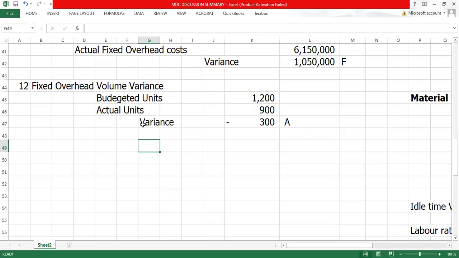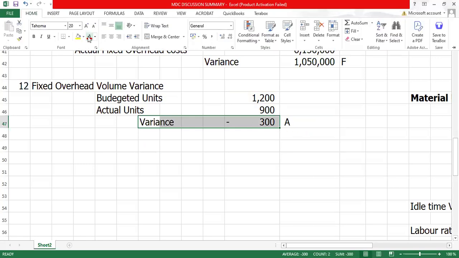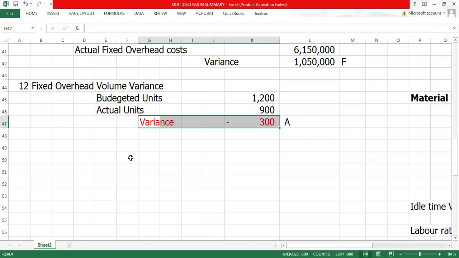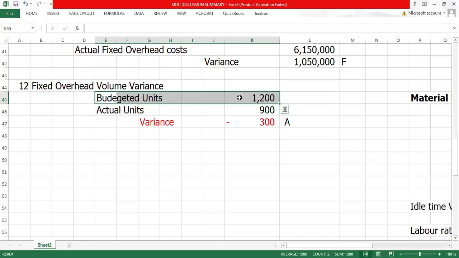Okay? But this is in terms of what? Excuse me, I thought it is favorable. How? You budgeted to use 1,200.